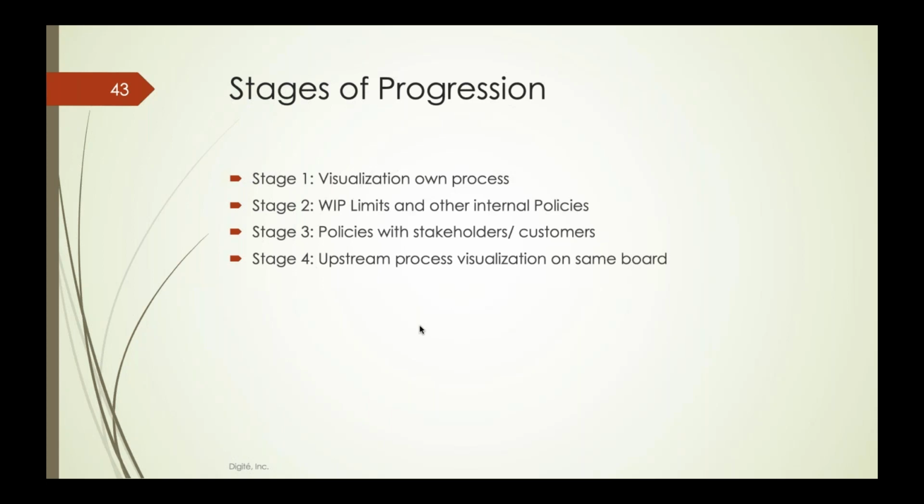And therefore, the upstream process visualization, either on the same Kanban board or on different Kanban boards, came up. And then, of course, as it became more sophisticated, upstream functions got into the fray, and they started to use Kanban as well, rather than just leaving it as a domain for the dev team or the delivery team.